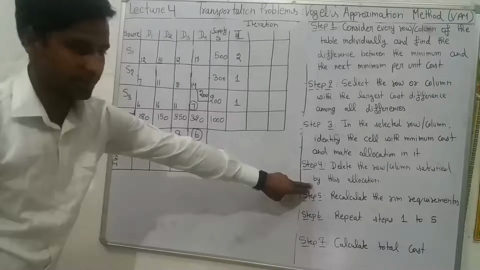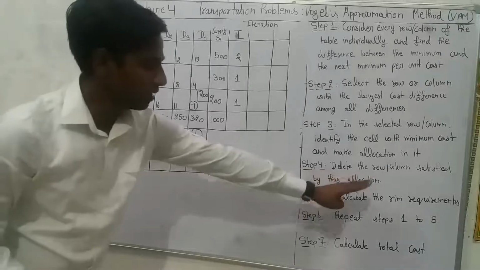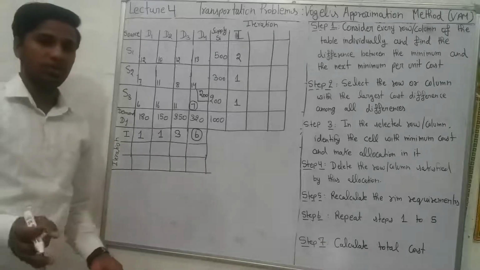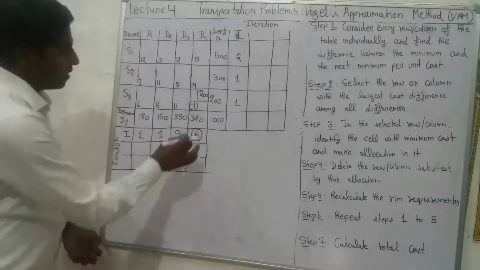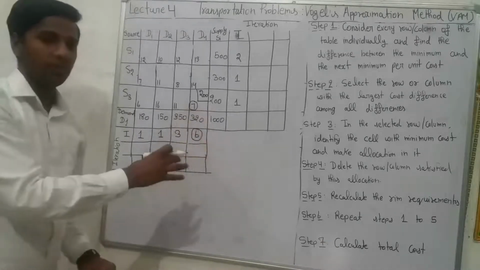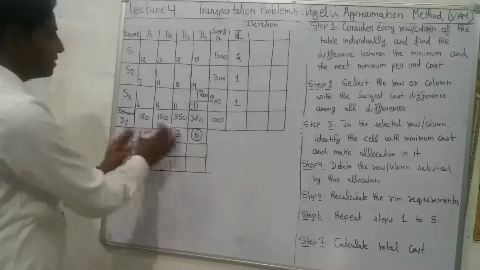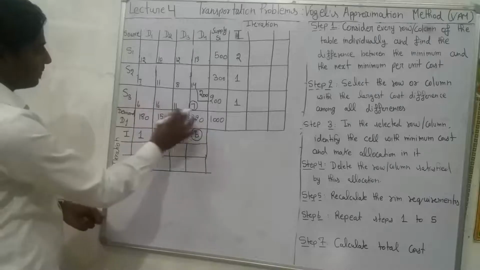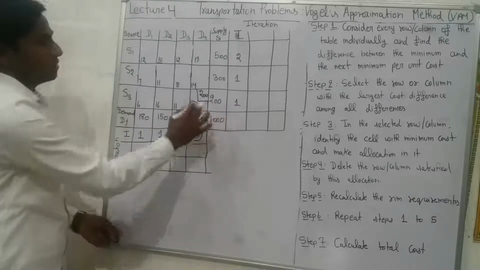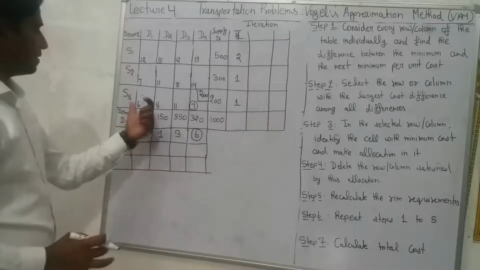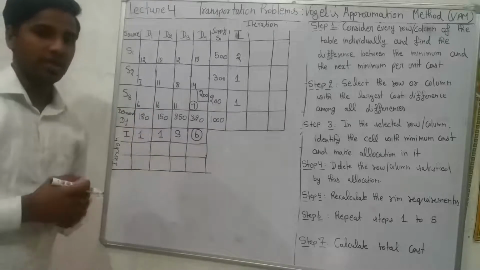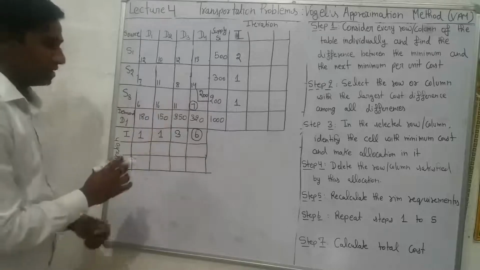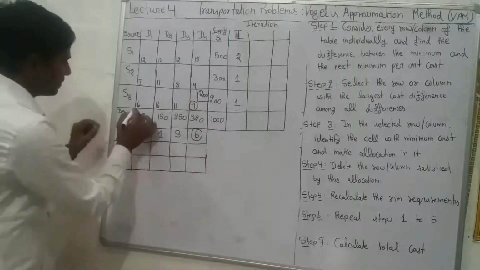Now in the next step, delete the row or column satisfied by this allocation, similar to the least cost method. If we look carefully, the supply of source 3, the third row, is completely exhausted. It means source 3 is satisfied through this allocation. So we are going to delete this row.